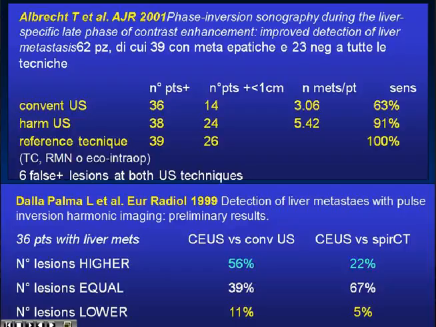When you use contrast ultrasound and compare it with the sensitivity of conventional ultrasonography in detecting malignant lesions, in more than 50% of the patients you have the possibility to detect more lesions. In a certain number of patients, you detect the same number of lesions, and in a few cases, you detect fewer lesions with contrast ultrasound than with conventional ultrasound.